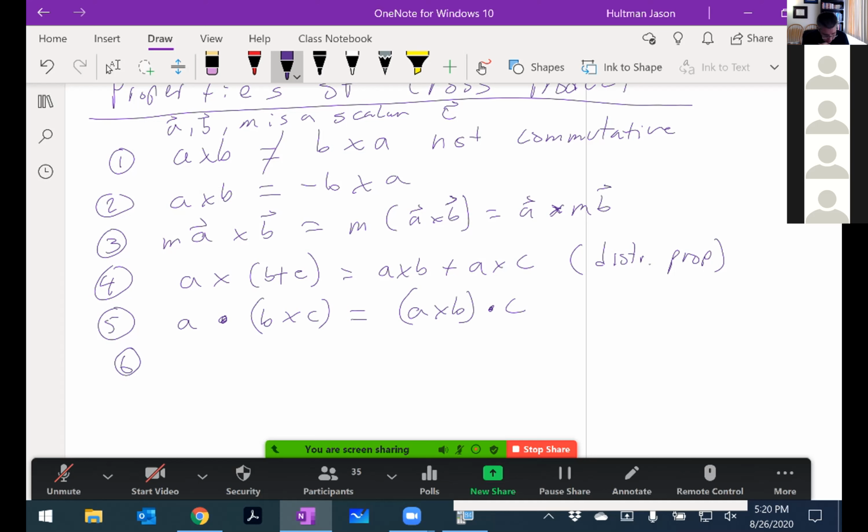Number 6. A cross B cross C. Now what happens when I cross a cross? Do a cross product of a cross product. Well, this is kind of interesting.